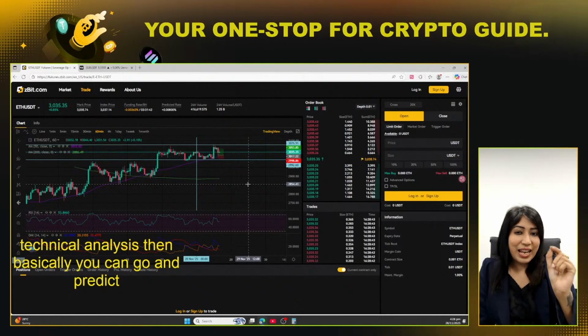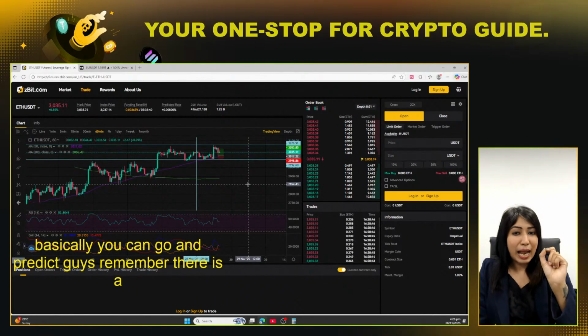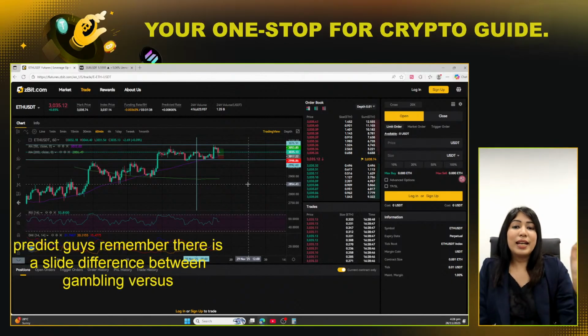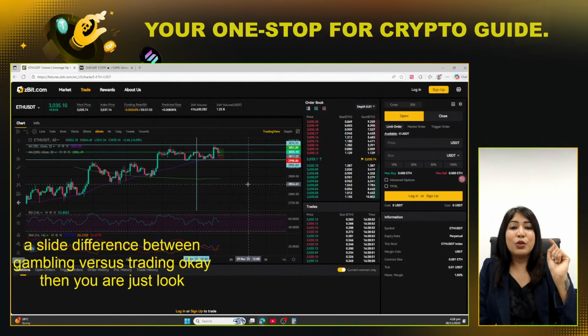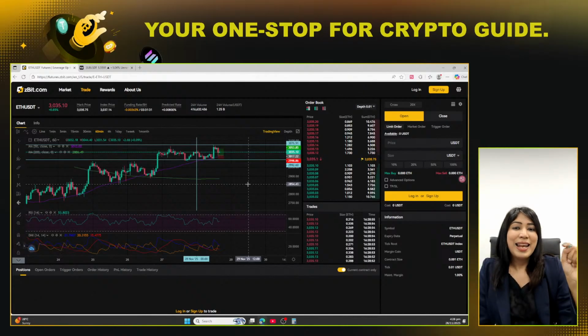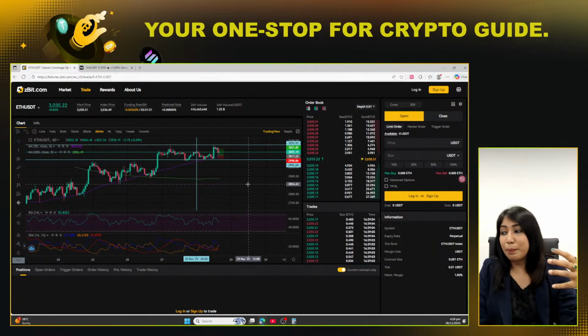Guys, remember, there is a slight difference between gambling and trading. When you are just trading on a fluke, when you are guessing something, that is gambling. Trading is not gambling. Trading has a much deeper meaning.